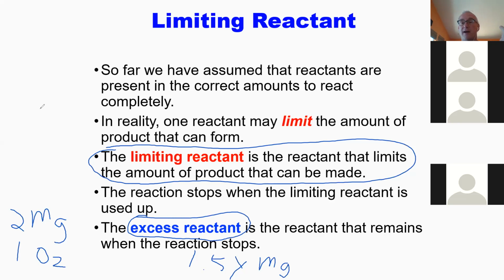Use up all of the limiting reactant. How much of the excess reactant was used in making that much product? Use that up, and whatever's left over, that'll be the excess reactant left over.